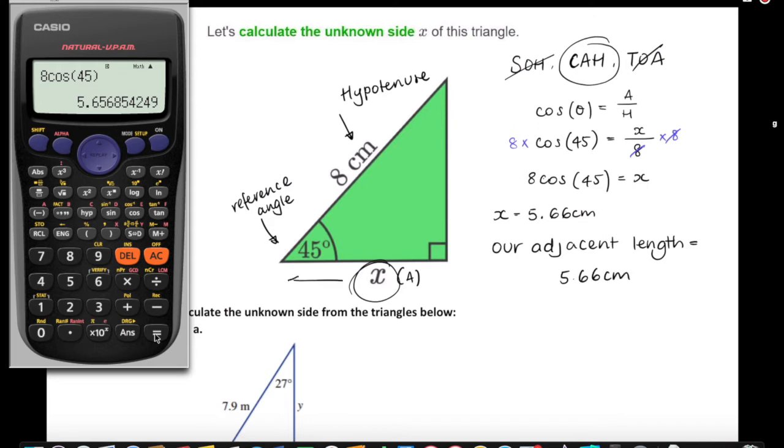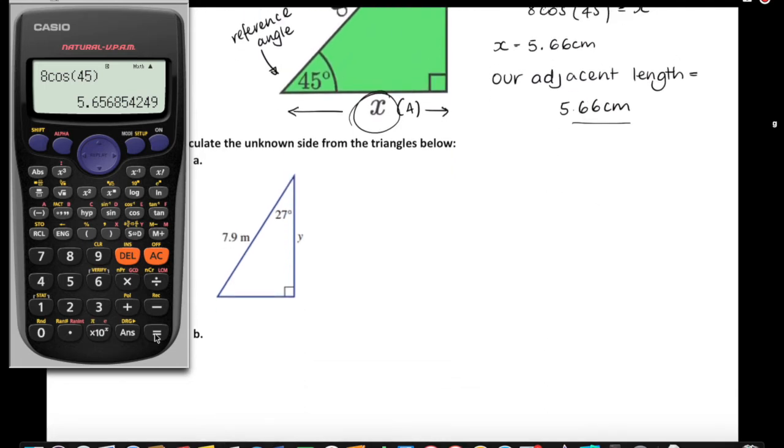So that's this length here. Again, one thing we do have to double check is whether our adjacent is longer than our hypotenuse, and we know for a fact that 5.66 is definitely smaller than 8, so we know that our calculations are correct. So I'm going to go around and do the same thing for the next set of questions. Again, follow along with the working out.